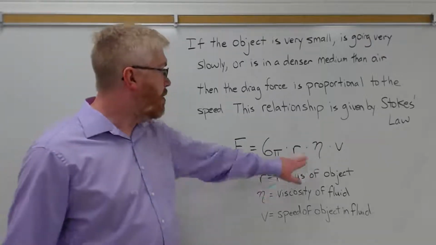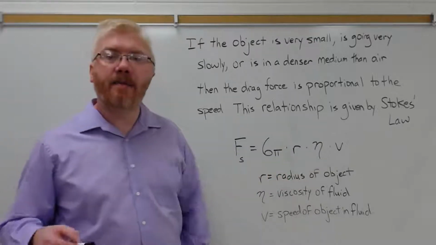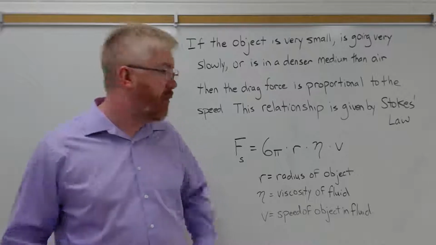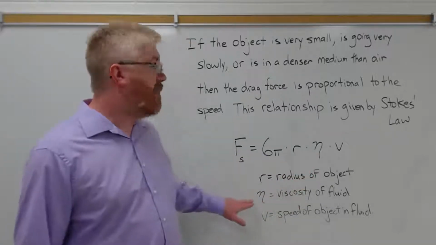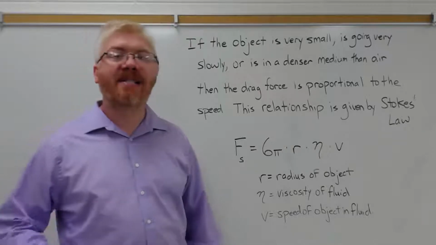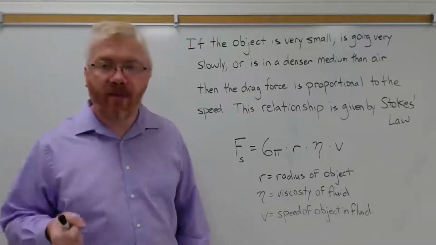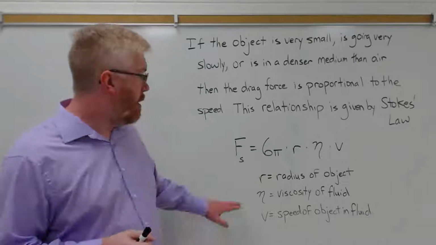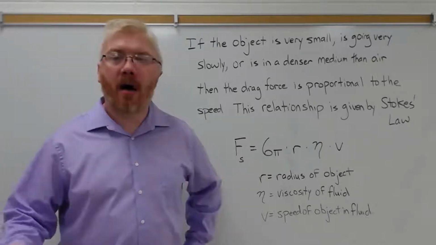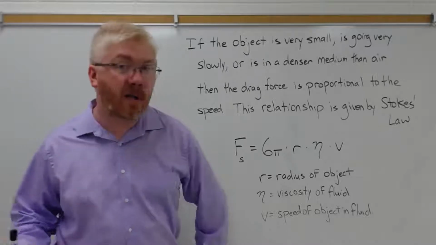Times nu here, which is the viscosity of the fluid. Instead of the fluid density now, like with air, we're now worried about the fluid's viscosity. How thick, if you will, is the fluid. Now viscosity, you might have heard in automotive commercials where their oil has the lowest viscosity.